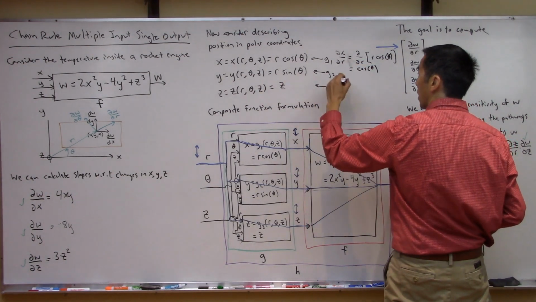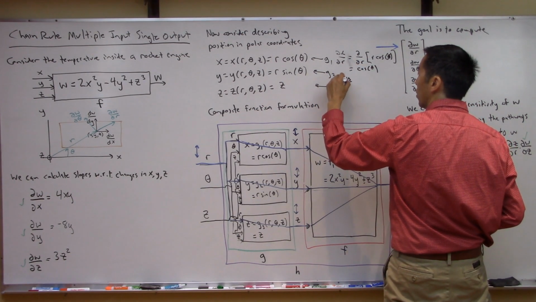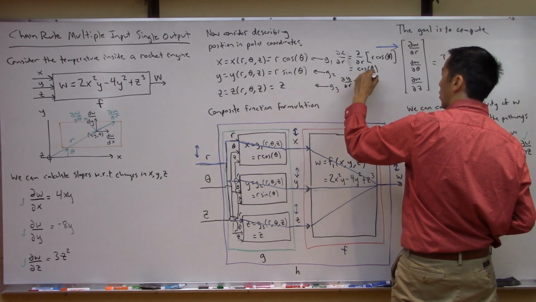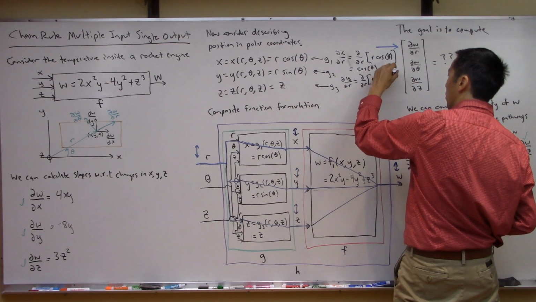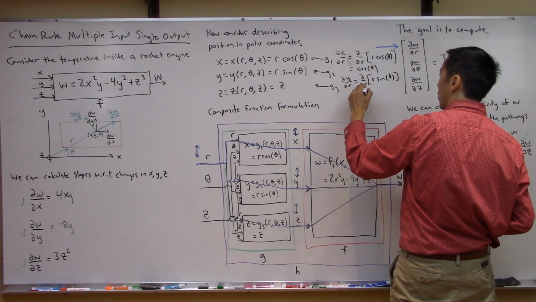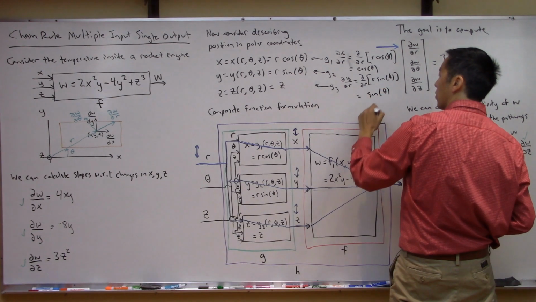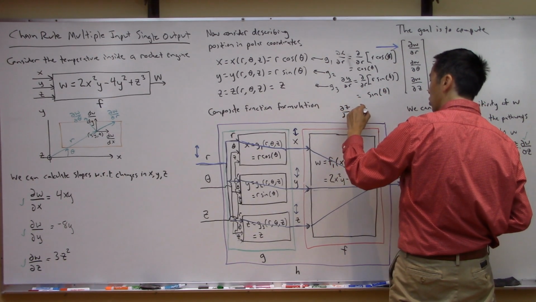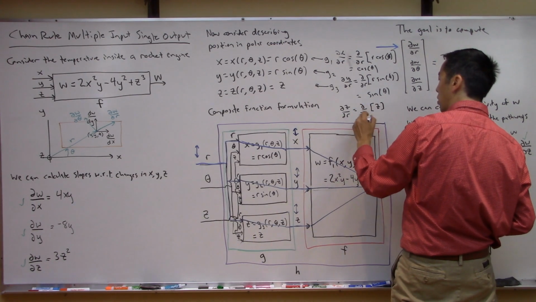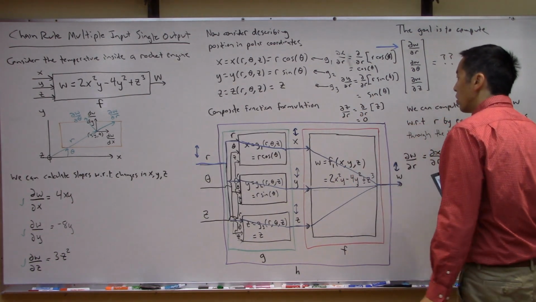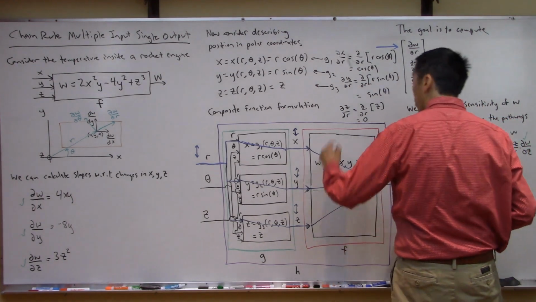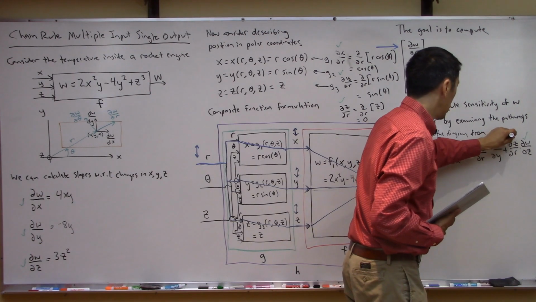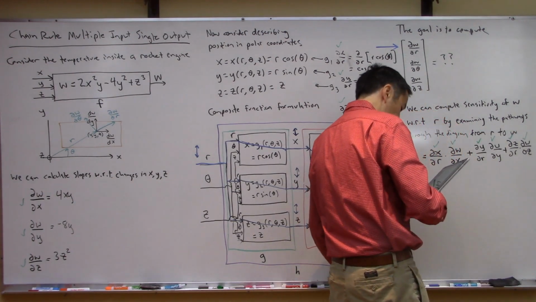Same thing, partial y with respect to r, it's just take the partial of r sine theta with respect to r, you just end up with sine theta. And then partial z with respect to r, you just take the partial of z with respect to r, which is just a big fat 0. Great, so now we've got the other 3 terms. Check, check, check. So go ahead, you multiply all those things together.